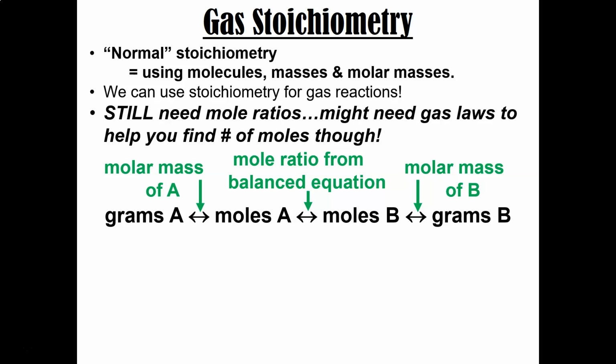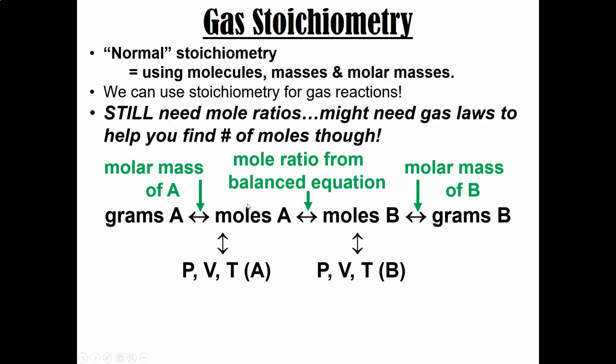But here's where the new part's going to come in. You may not be given grams. You may not be given moles. You may instead be given pressure, volume, and temperature information about A. And you may be given pressure, volume, and temperature information about B. And so the problem here is, well, how do you get from these to moles?